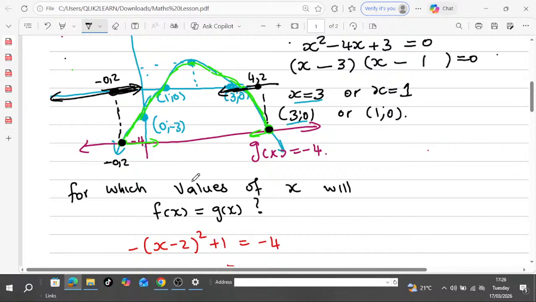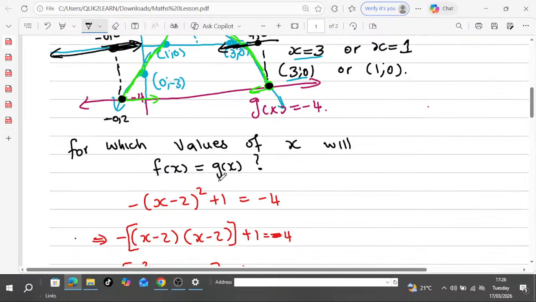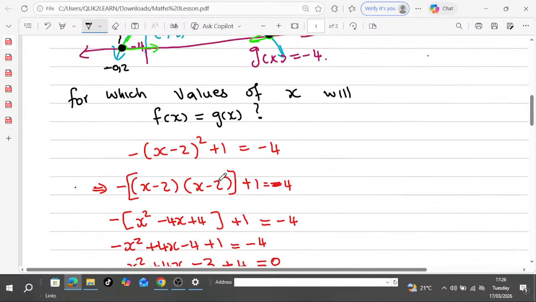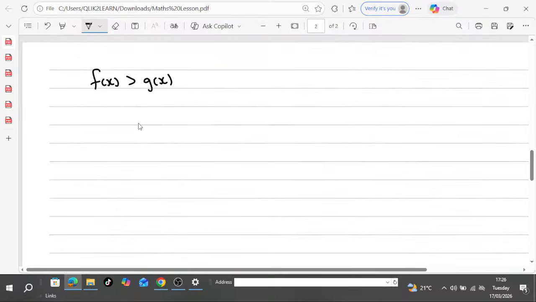So x must be less than 4.2 and greater than negative 0.2. So the solution here is that x must be less than 4.2 and greater than negative 0.2.